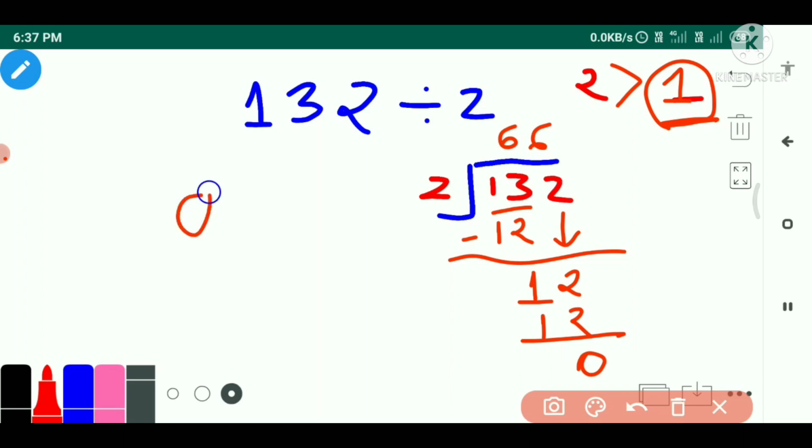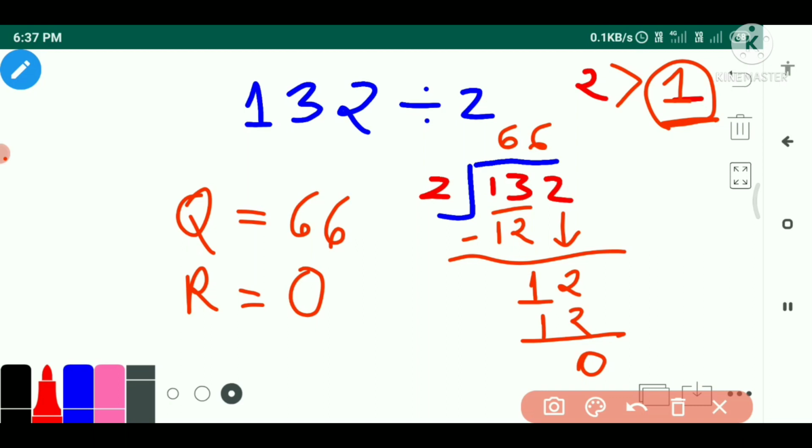So here our quotient is 66, and our remainder is 0. Always remember, if our divisor is greater than the number in the 100 place of the dividend, we'll take two numbers.